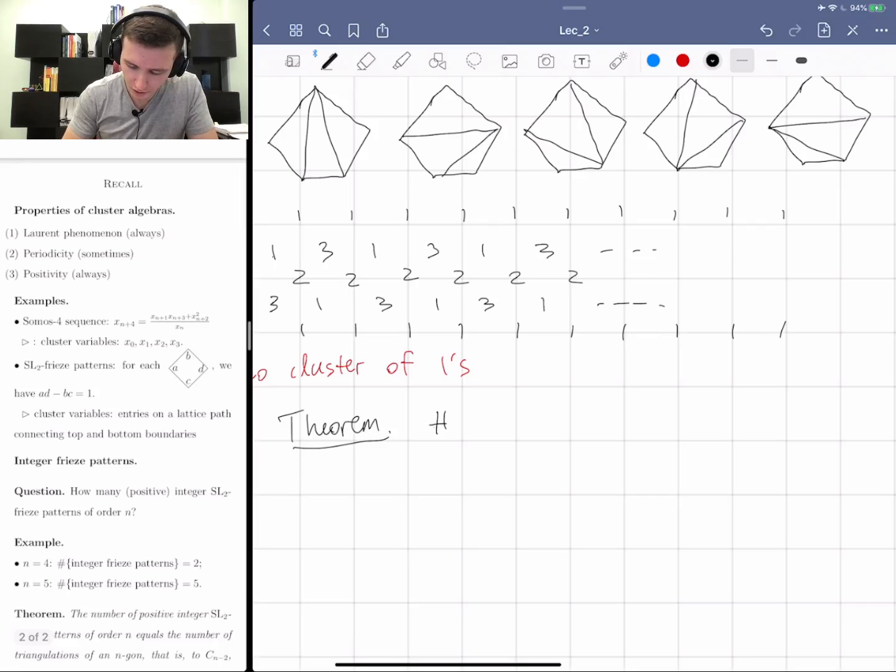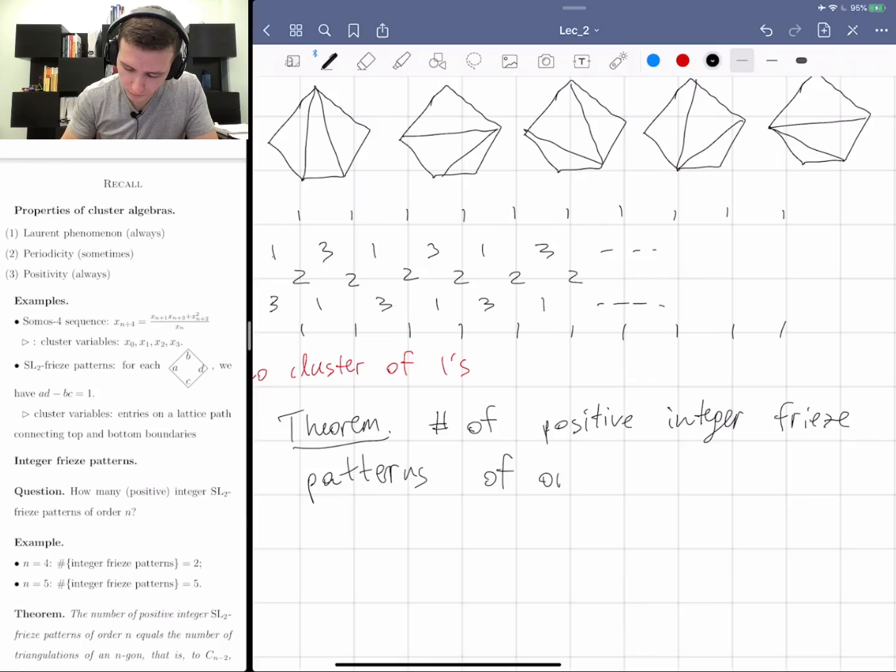The number of positive integer frieze patterns of order n is Catalan, equal to the number of triangulations of an n-gon.